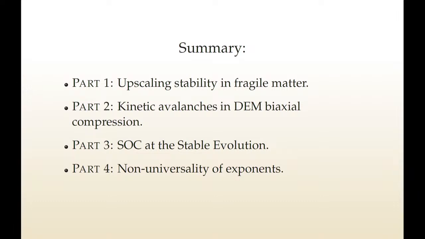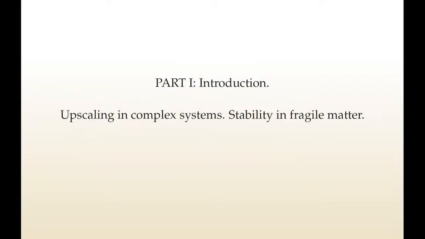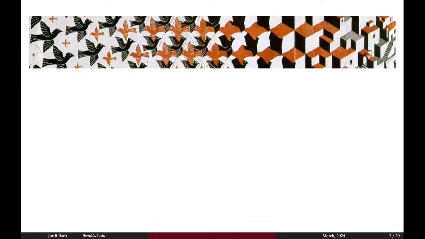So first of all, let's talk about this upscaling in complex systems in a general way, especially in this problem of stability in fragile matter. This is a work by Cornelius Escher. You're probably familiar with it. It's called Metamorphosis, and I think it illustrates pretty well what happens in complex systems. We start with a system that we understand well.